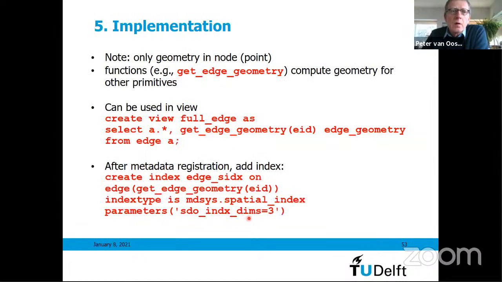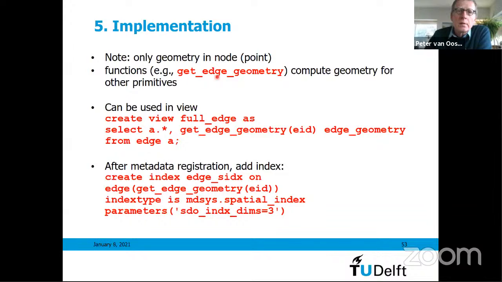The geometry is derived. So this is the model, I would say the third conceptual model, with no geometry and no direct associations from the higher primitives to the point. It's all via the cascading steps from tetrahedron to triangle to edge to node.